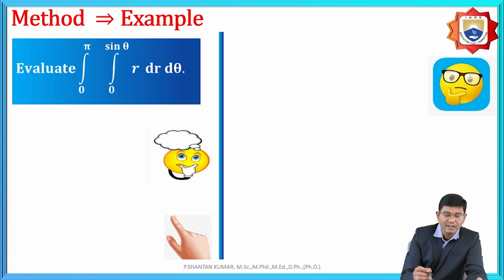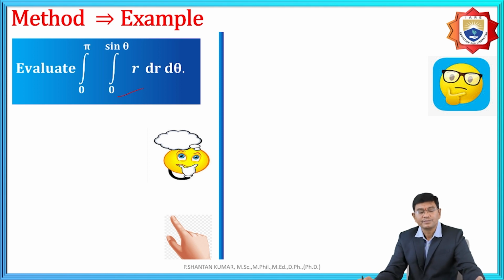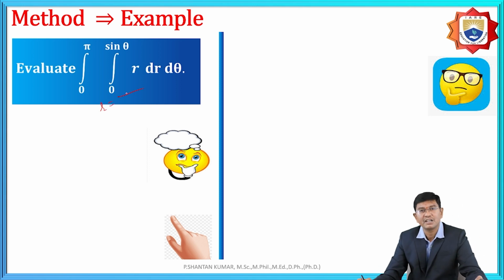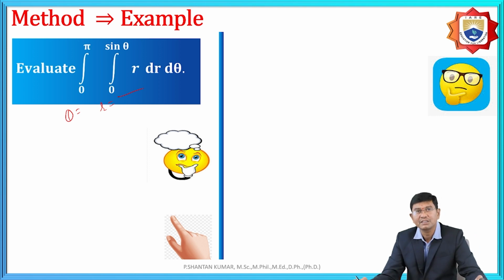And similarly, for example, the problem is 0 to sin theta, and again 0 to pi, r into dr d theta. And here also the limits are in terms of theta. That means we need to assume these are the r limits, and theta is equal to 0 to pi as the limits. And here also first we need to integrate with respect to r.